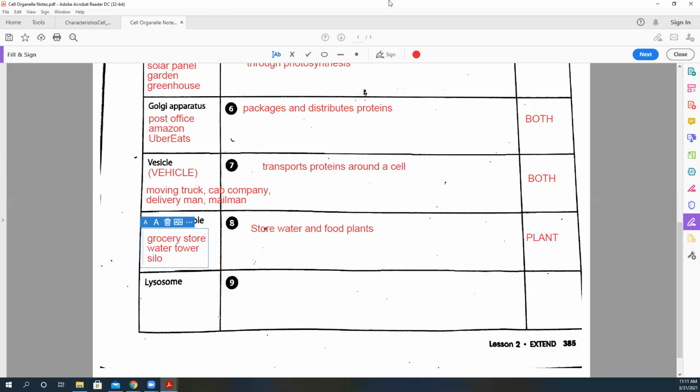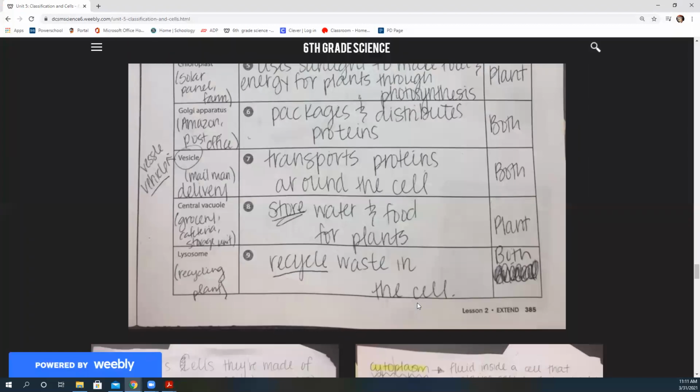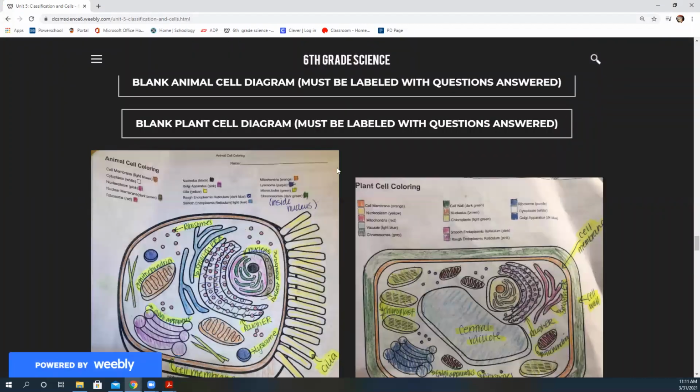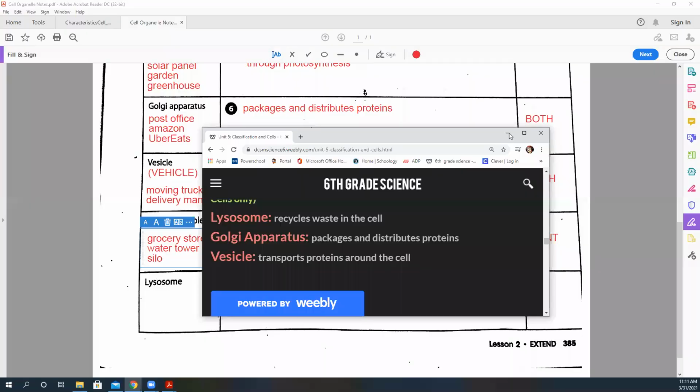One person made theirs a school, and so they said cafeteria, right? But this is specifically for plants because plants need a lot of water. If you look at the plant cell on your paper, the large central vacuole is literally the big water in the middle because they need so much water. Someone in the past has said a pool.